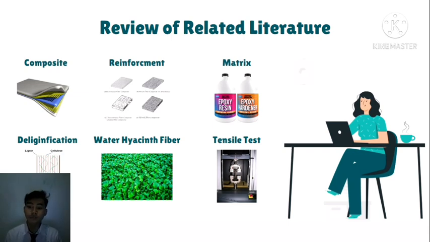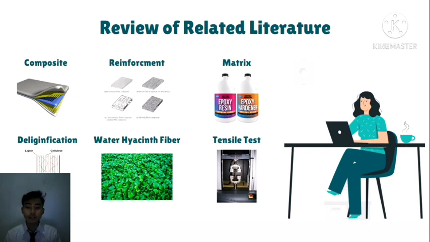Composite has better mechanical properties than metal, such as Young's modulus or density, and is higher in strength than metal. Composites are made from two different types of material, namely reinforcement and matrix.